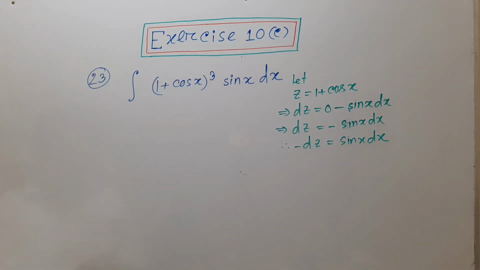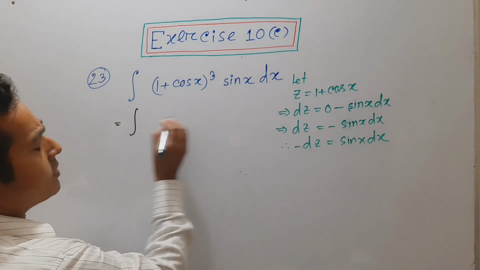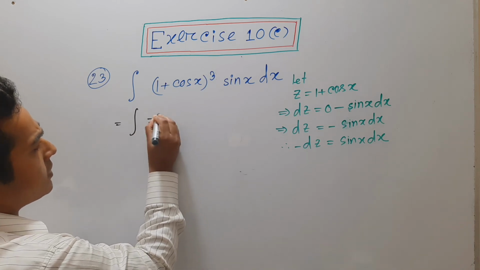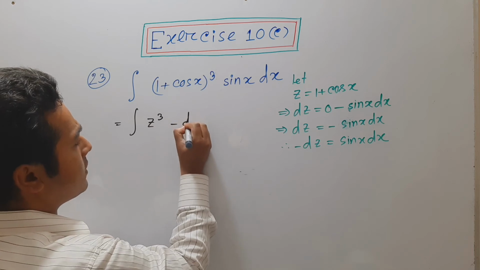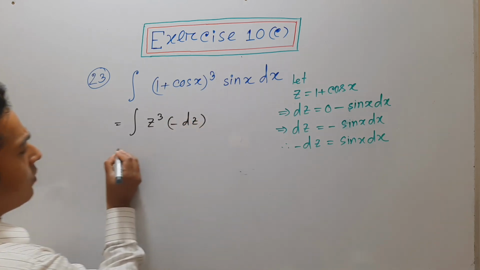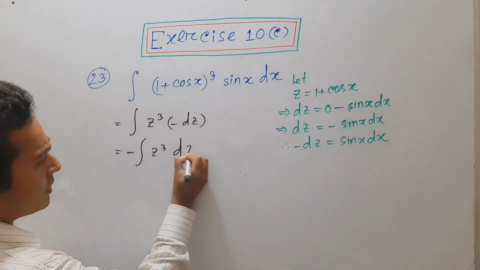So here 1 plus cos x is equal to z, so z cube sin x dx is equal to minus z cube dz.